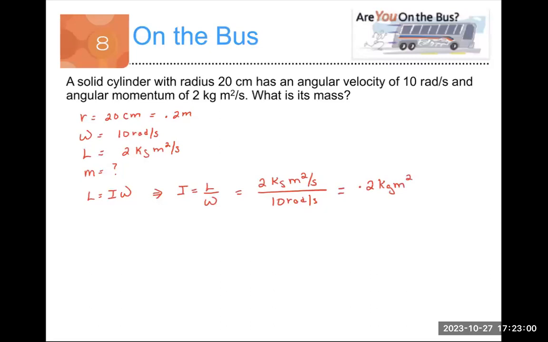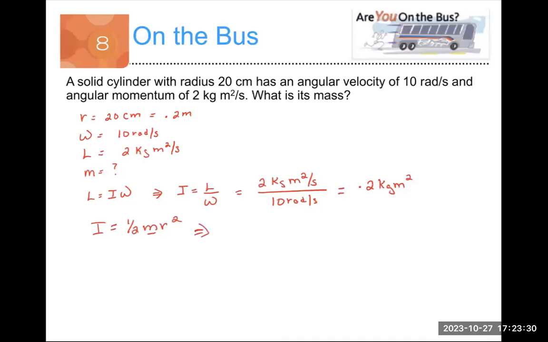So we're told it's a cylinder, so we know that for a cylinder, I equals 1/2 mr squared. Our problem asks us to find the mass, so we're going to rearrange this equation and solve it for mass.